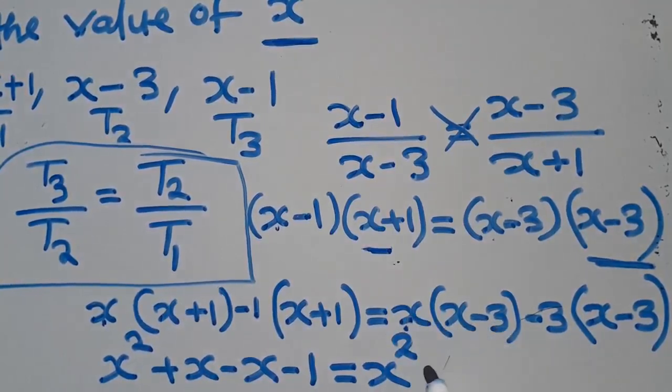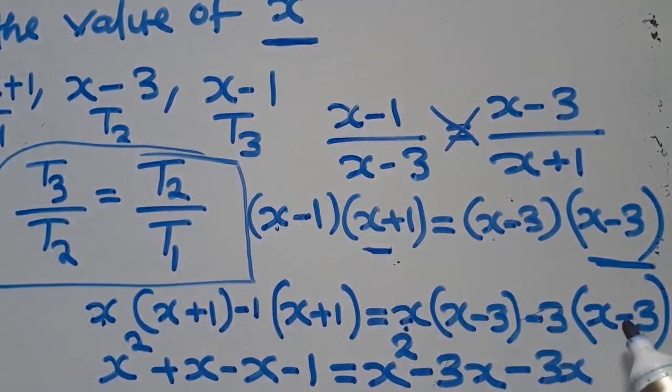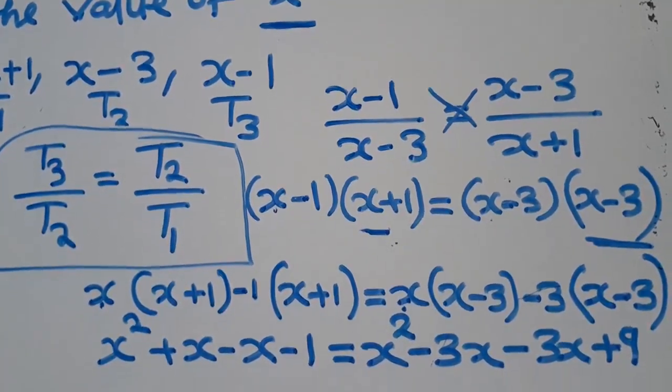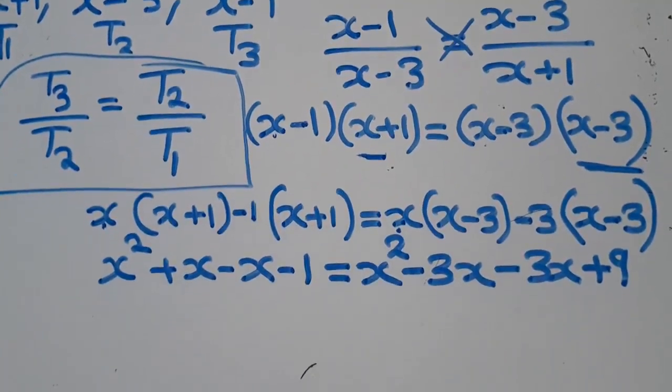X times negative 3 is negative 3x. Negative 3 times x is negative 3x. Negative 3 times negative 3 is positive 9. This is what we are going to get.